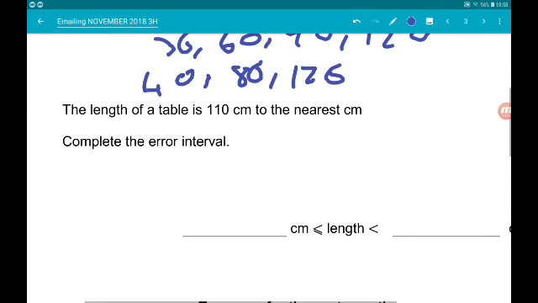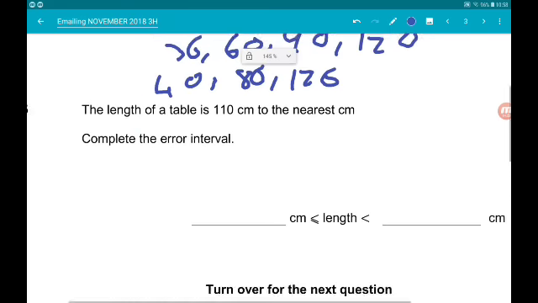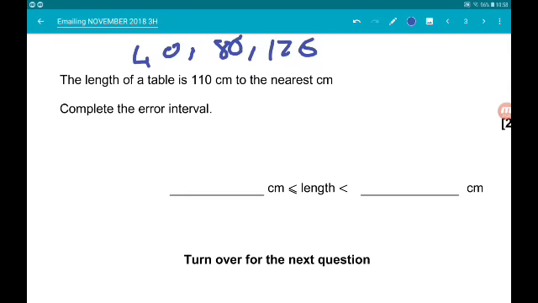Number 5. The length of a table is 110 centimetres to the nearest centimetre. Complete the error interval. So I've got videos on this down below. Whenever you round, you make an error. An error interval is the range of values that the actual number could have been before the rounding.